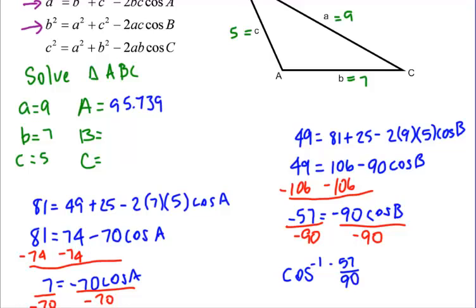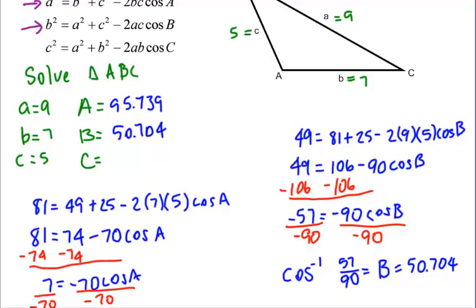And a negative divided by a negative is positive, so we don't need that. Punch that in on your calculator. Make sure you're in degree mode when dealing with triangles. And again, 3 decimal places, so this is going to be 50.704. And that's angle B.